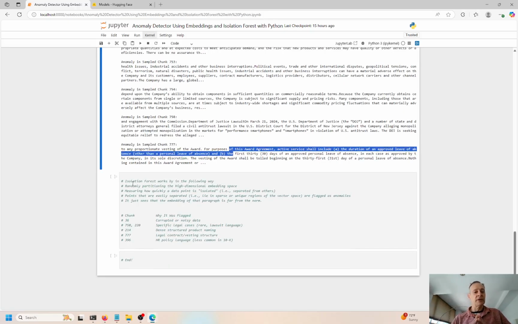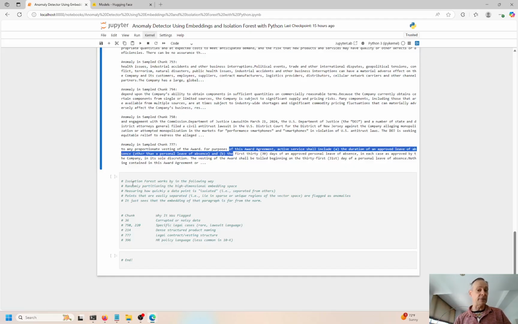So isolation forest works in the following way. It looks at random partitions in a high dimensional embedded space. So embeddings, again, is converting words to numbers so the computer can interpret that, right? Measuring how quickly the data point is isolated. Is it drawn out from the rest of the group? Is this an outlier? Is this an anomaly? Is this different, right? Is it heterogeneous?